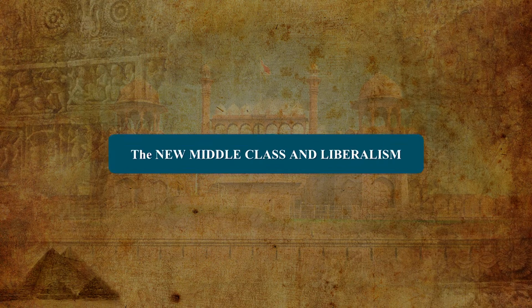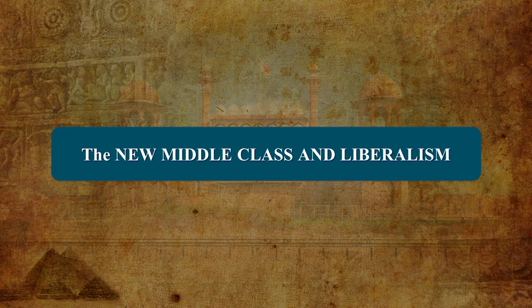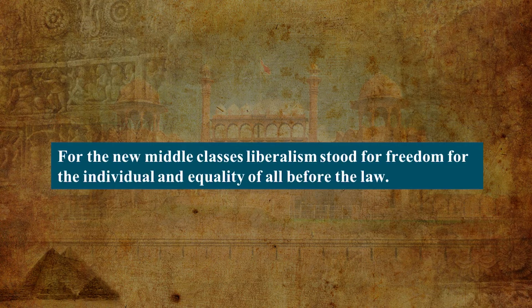But the spirit of conservatism did not stop the idea of the liberals, the new emerging middle class. Dear children, this was a century which also saw the emergence of a new middle class, which advocated the concept of liberalism, and these concepts of liberalism were associated with freedom also.